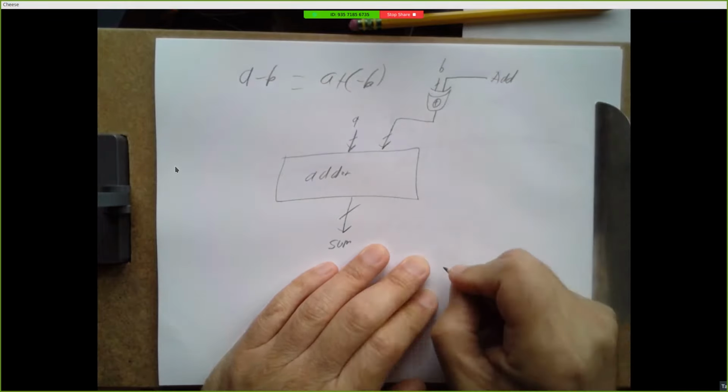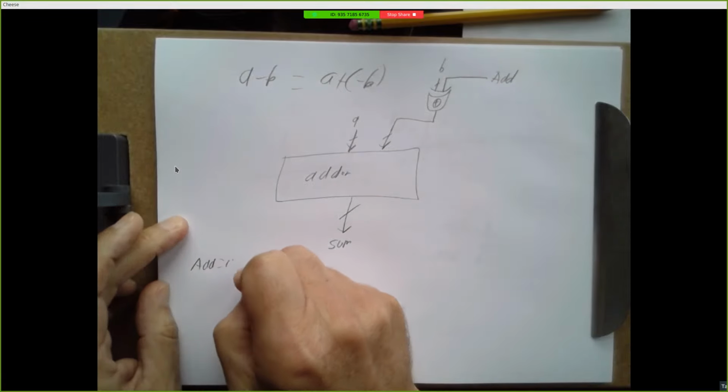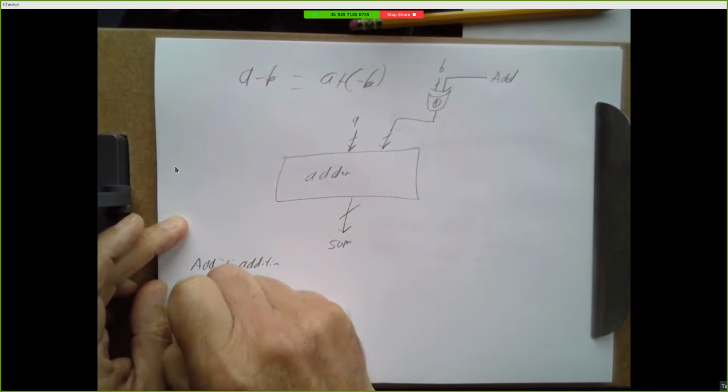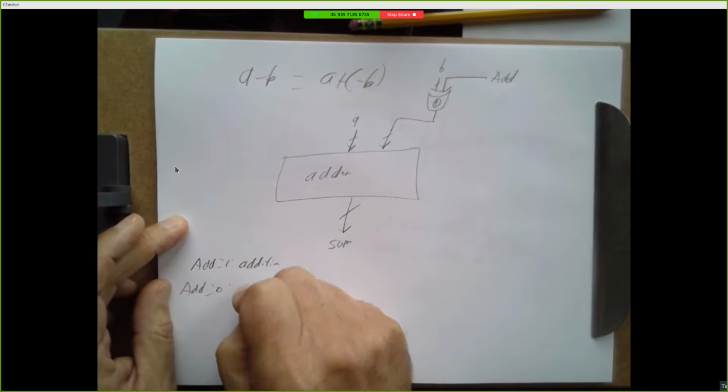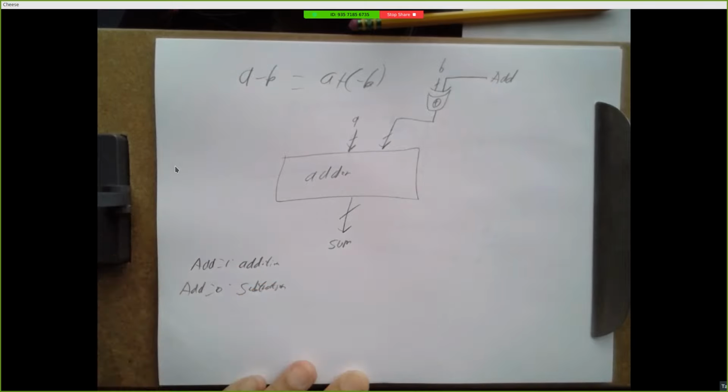And the idea is if add equals 1, then we're going to do addition. If add equals 0, we're going to do subtraction. Well, that's not quite right.